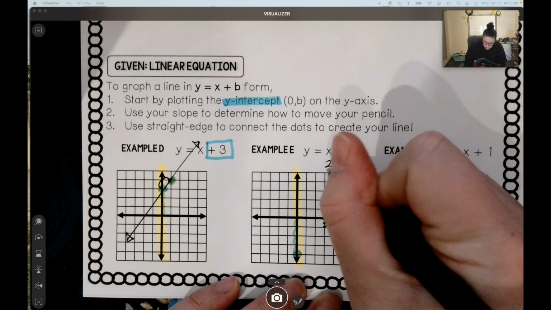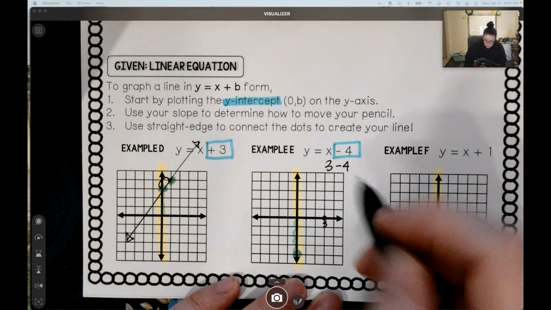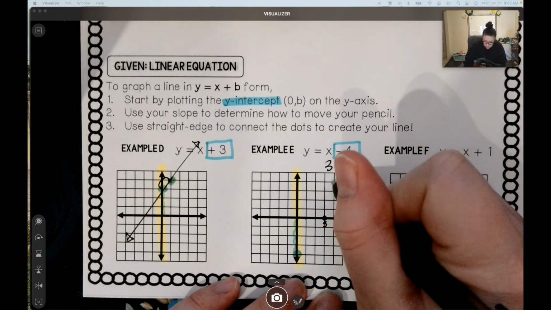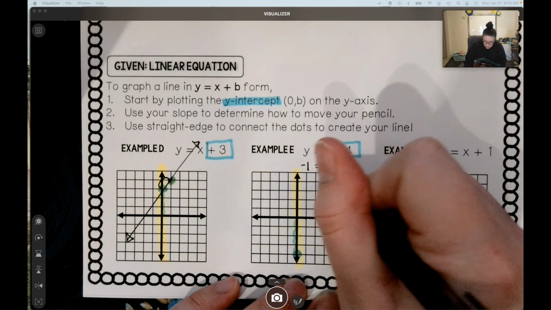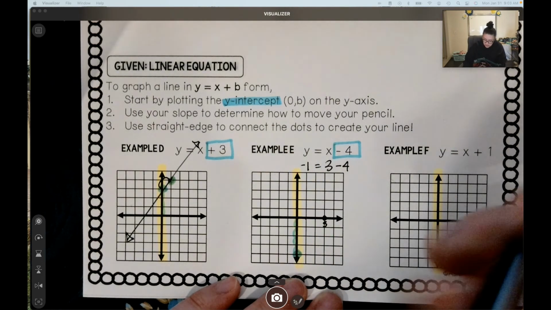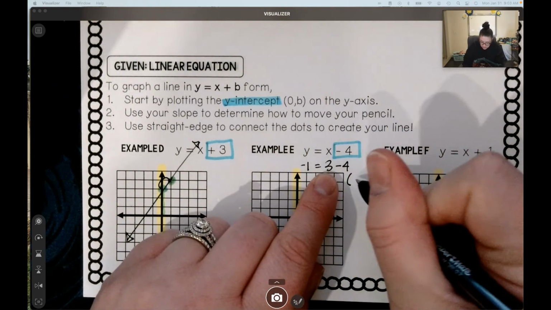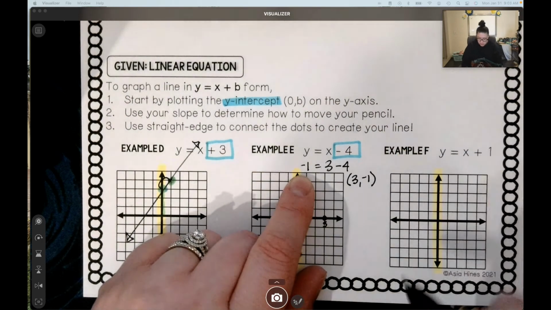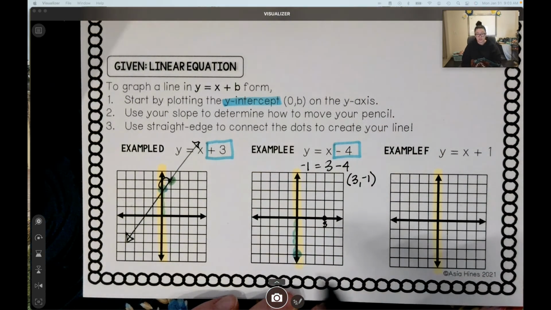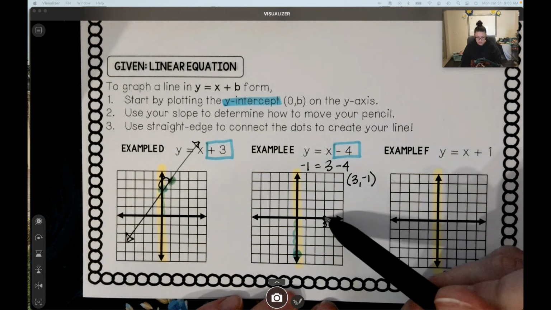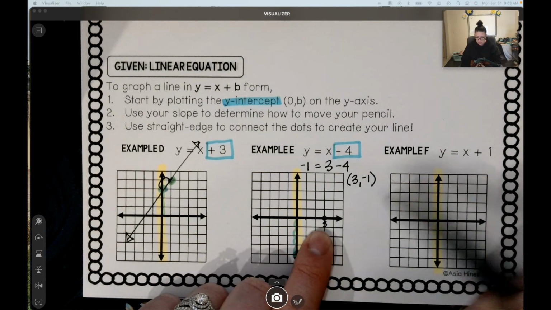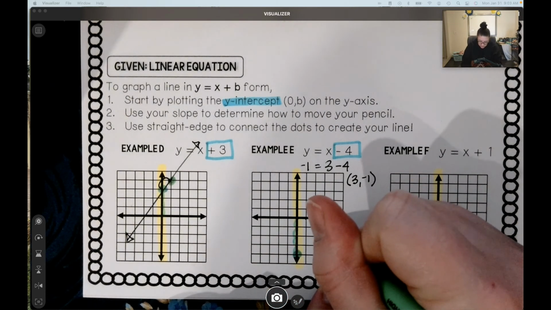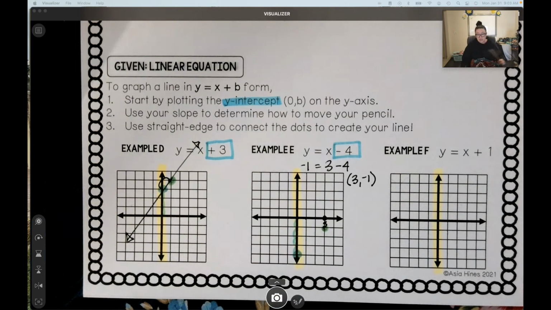So 3 minus 4, what is 3 minus 4 equal to? -1. So that means if I make a new set of coordinates, 3 is my x and -1 is my y. I can plug in and solve my equation for my point. So when my x was 3, my y would be -1, and I could put a dot right there. And now I have my 2 dots to make a line.